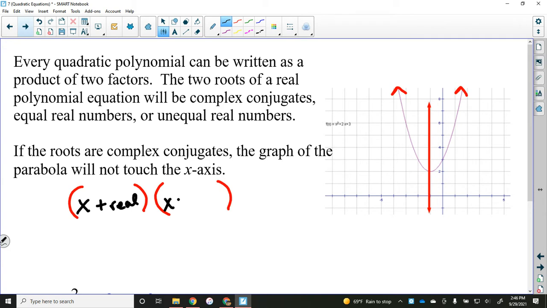Real here and real here. And in fact, I don't even know if we ever went beyond rational numbers in there. I think we always had nice rational numbers when we factored. I don't think we ever factored with irrational numbers. We could get irrational answers, but they were always from the quadratic formula and things like that.